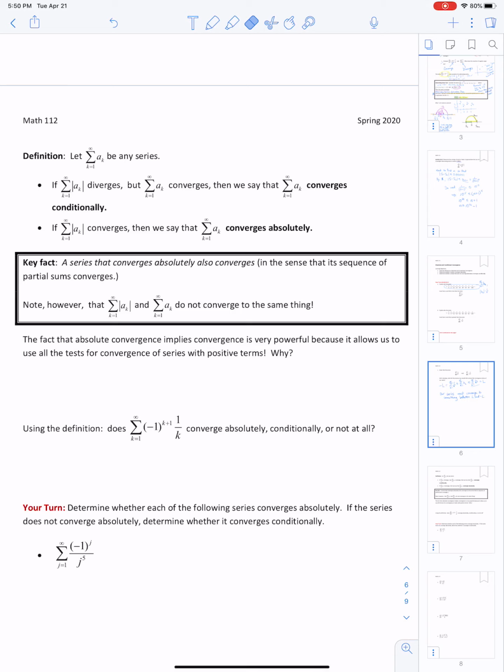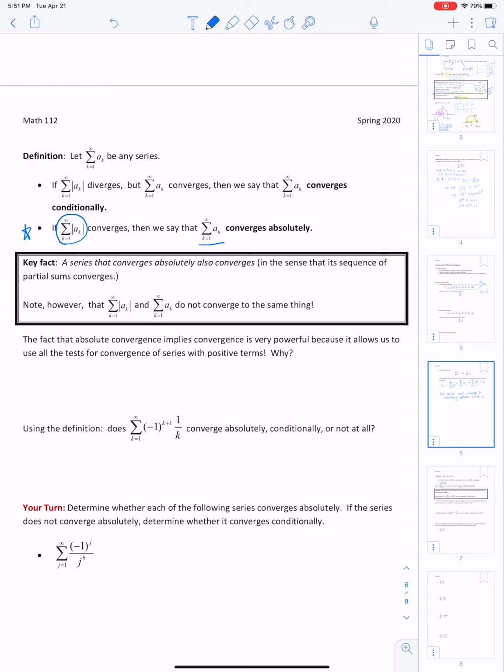If we start with any series, not specifying the sign of the individual terms, and the series you get by taking absolute values around every term of your series converges, then we say that our series converges absolutely.